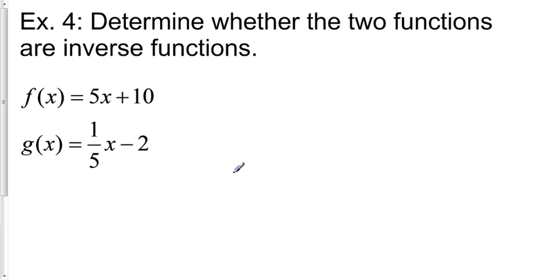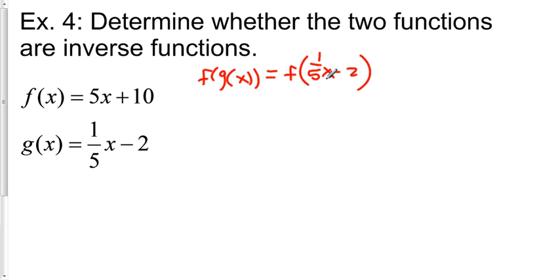So example 4, determine whether the two functions are inverse functions. We need to check and see that f of g of x equals x and g of f of x equals x. So let's start with f of g of x. So I'm plugging the g of x function into x in the f function. So I'm taking f of 1/5 x minus 2.